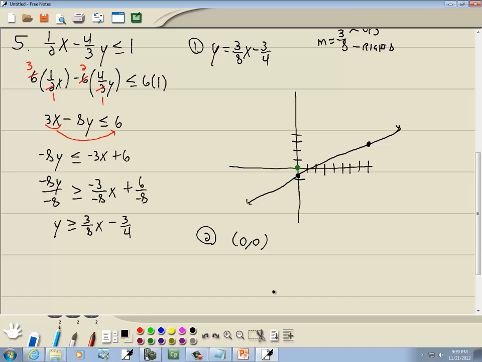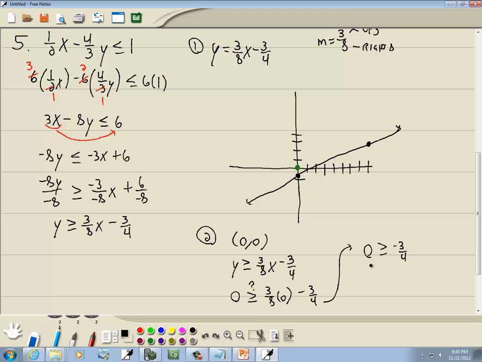Okay, so let's plug that into our inequality. We've got y is greater than or equal to 3/8 x minus 3/4. Put 0 in for y and 0 for x. This is not a greater than or equal to anymore. It's a question mark. We're wondering if that's true. And then 3/8 times 0 minus 3/4. Well, 3/8 times 0 drops away.